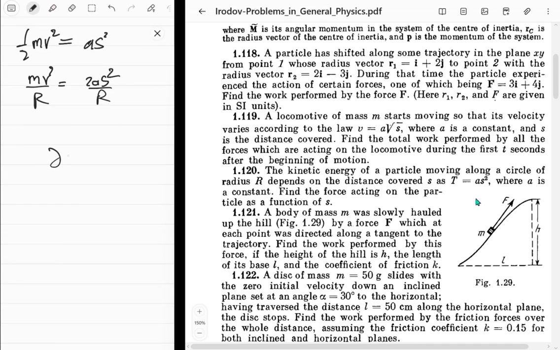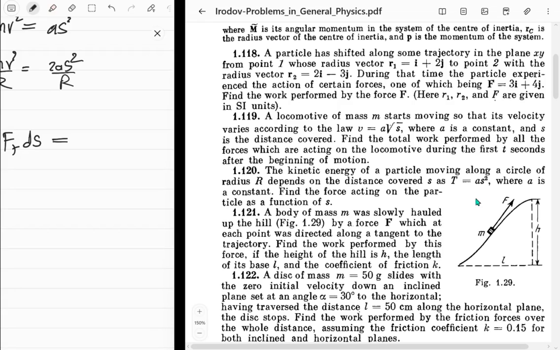It's getting complicated, right? Yeah, it's not worth doing it. F tangential times ds. That's the work done on this, which is the change in kinetic energy. So, oh, in fact, it's not that bad actually. It's just dv. It's not derivatives or anything. It is going to be mv dv. There we go. Good.